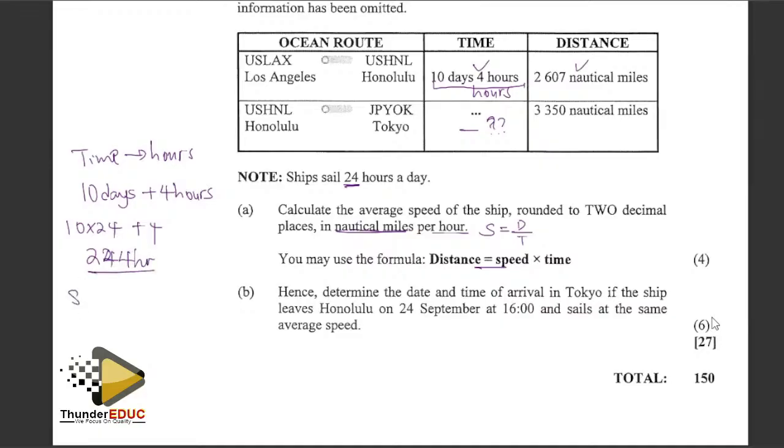Now we find the speed, which will become the distance 2060 divided by 244. This became 10,6. These are nautical miles per hour. That's the speed they are traveling at.